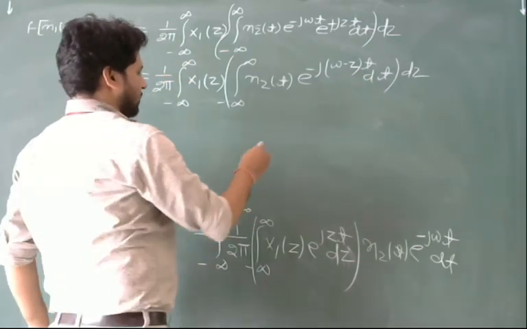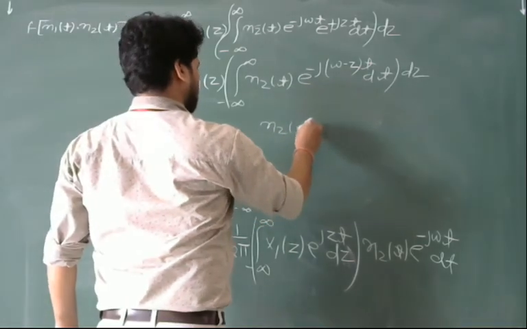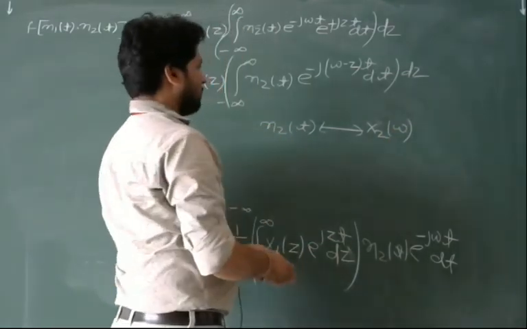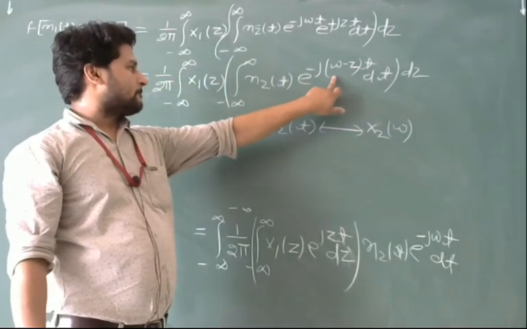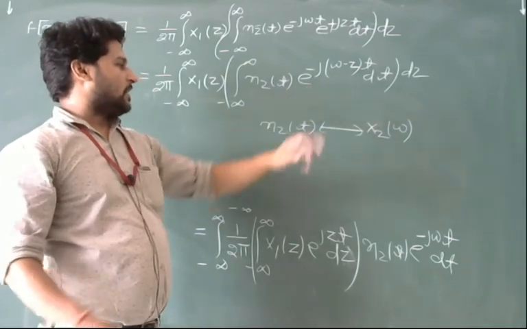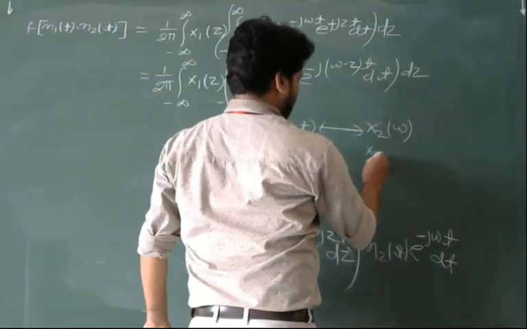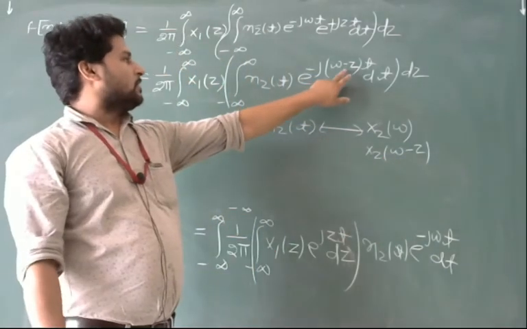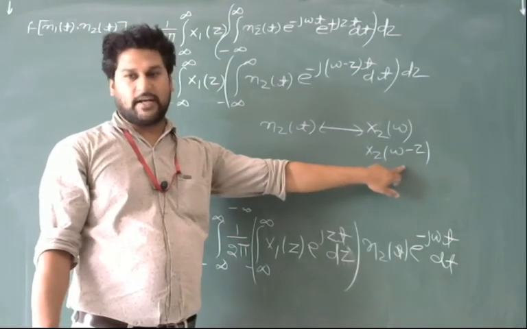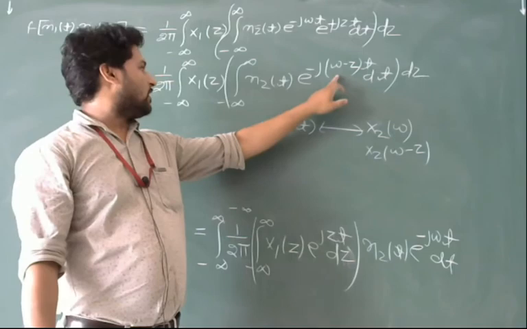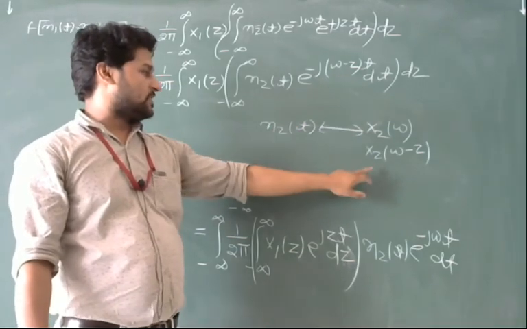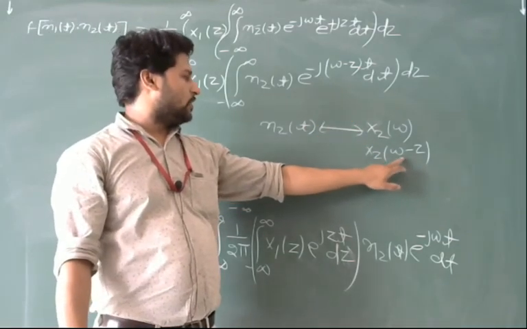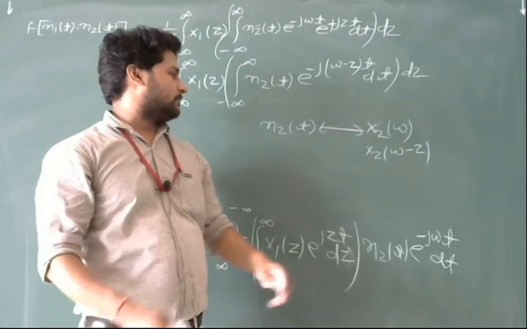Now the Fourier transform of the signal x2(t) is X2(omega), as I stated earlier. Then what is this? This is the signal X2(omega minus z), because the variable omega here is replaced by omega minus z. It means that the Fourier transform of the signal x2(t) will now become X2(omega minus z).